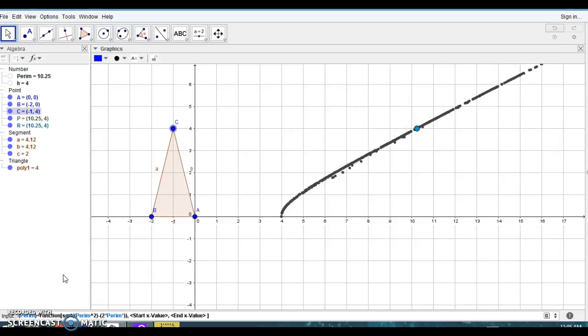times, and I'm not going to put segment C in this equation because in this example, in this scenario, A and B are fixed. So the base is always going to be 2 in this situation, okay? So I'm just going to put times 2 instead of times segment C, okay?